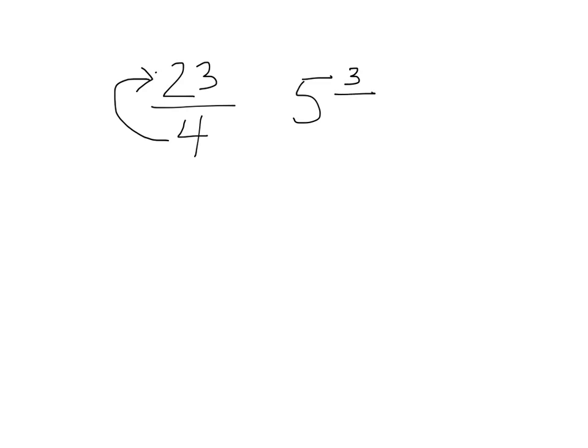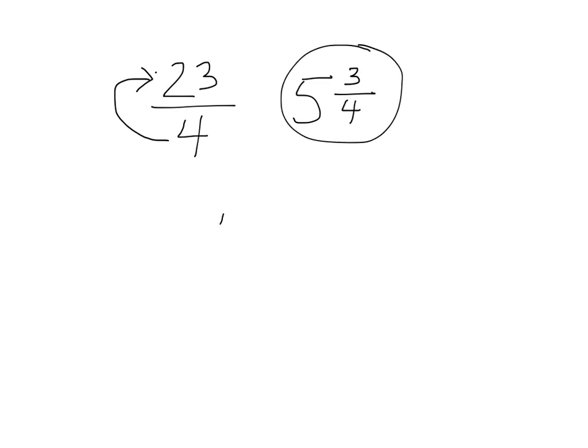So remember, if we have an improper fraction, which is a fraction with a bigger number on the top, in order to make it into a mixed number, we think to ourselves how many times does 4 go into 23, which is 5 times, and 5 times 4 is 20, 21, 22, 23, with 3 left over, and my denominator stays the same.